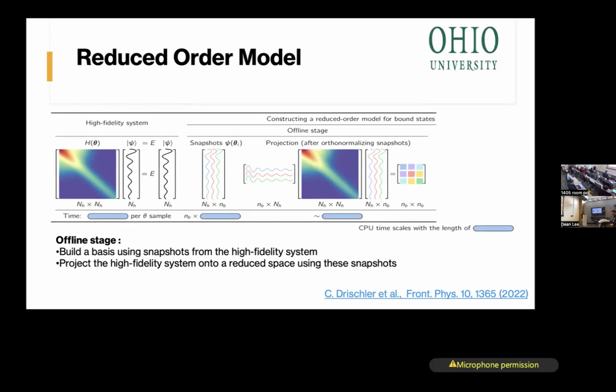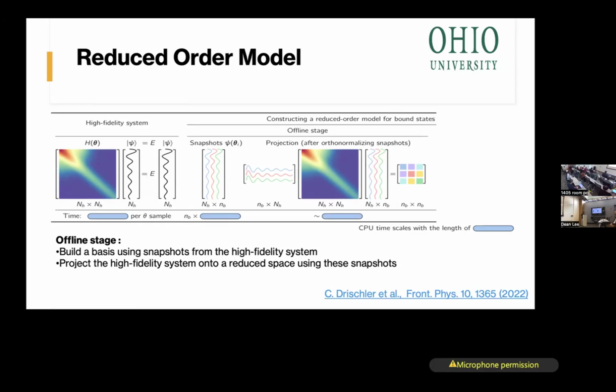To avoid that, you try to approximate the Hamiltonian using snapshot matrices. You build those snapshot matrices by solving this equation, given on the left, for different thetas. You don't have to explore all of theta space, but you can solve for some number of thetas, do this projection, and get a smaller space.